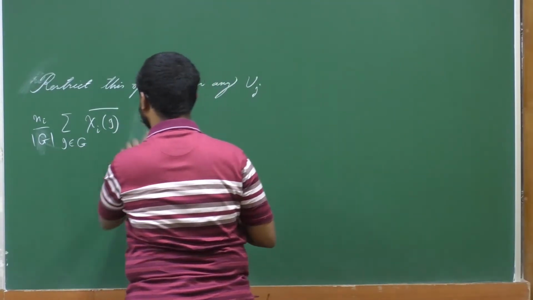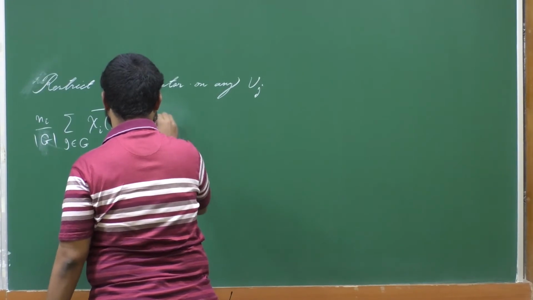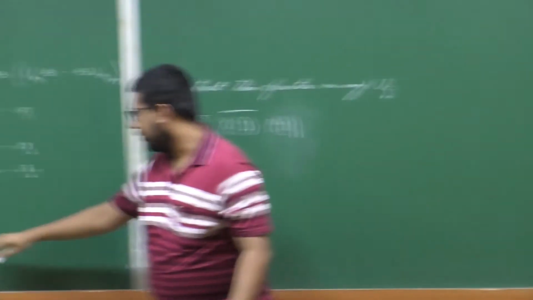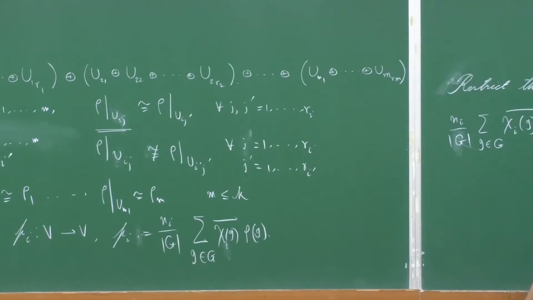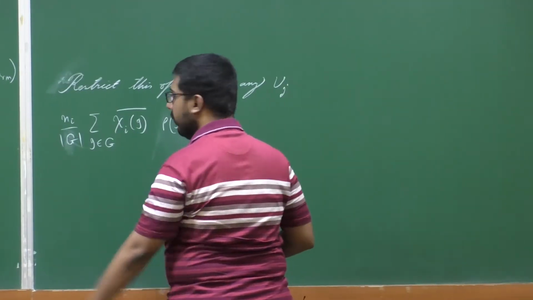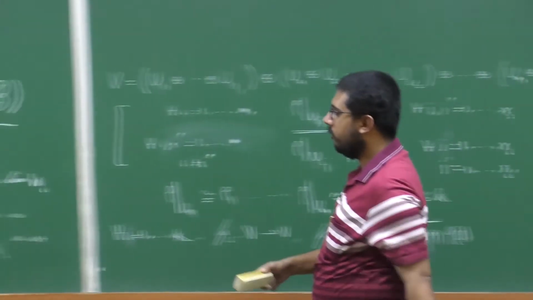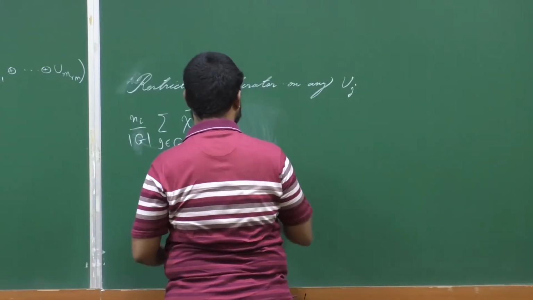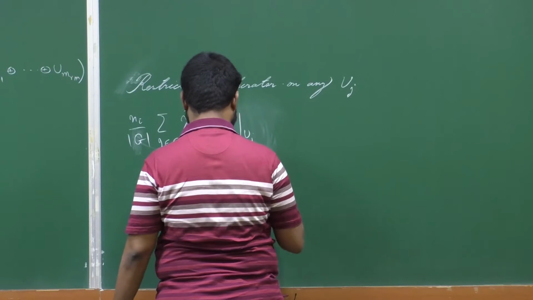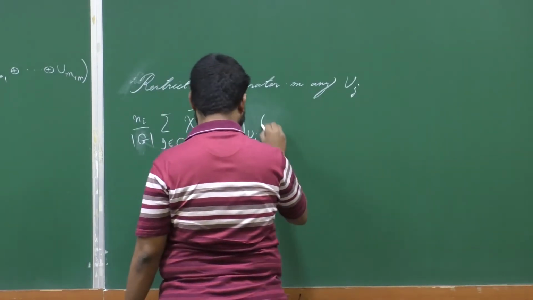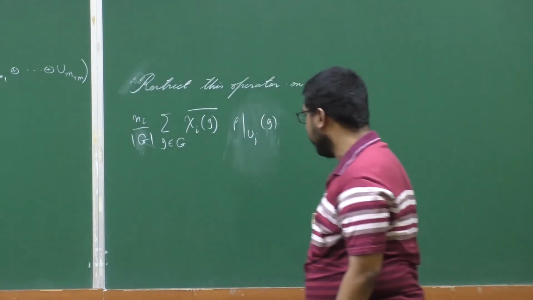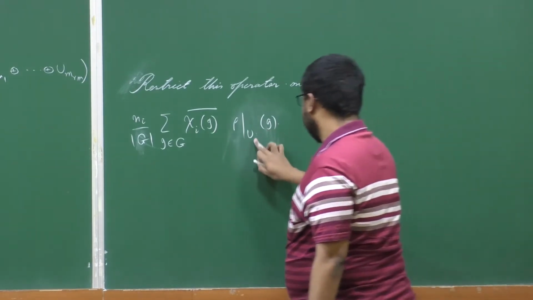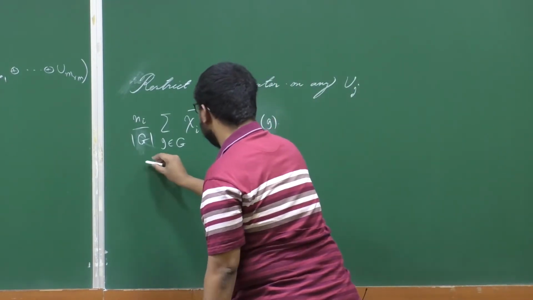Again let me repeat, I want to restrict this to U_j. So each of these operators is going to be restricted to U_j, but in view of the notation that we have already adopted, we can simply replace it by this.